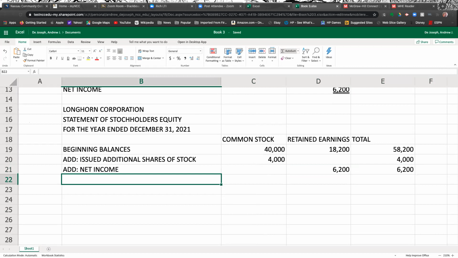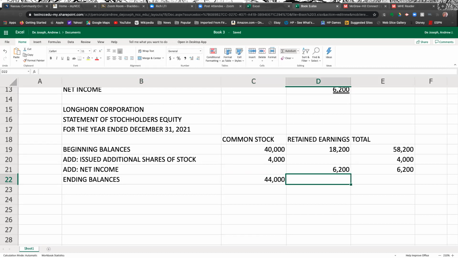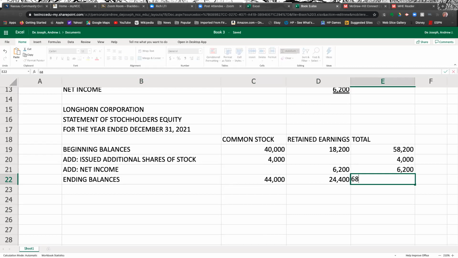Companies don't have to pay dividends. So this will be the ending balances, or you could put the dates in there too, January 1st and December 31st, but I'll say beginning and ending. So this is 44,000. This is 24,400, and that would make this come out to be 68,400. I should get my calculator out so I don't make a gross mistake.